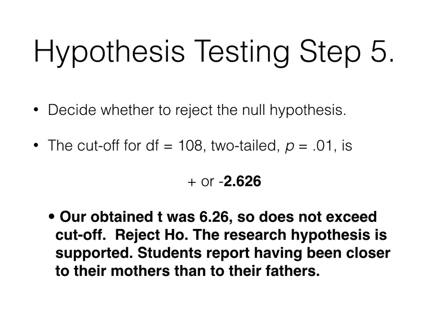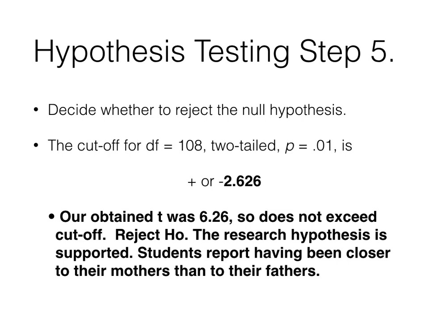The research hypothesis is supported: students report having been closer to their mothers than to their fathers. That is a significant difference, in that people are saying they feel closer to their mothers than they do to their fathers. So again, our obtained t was 6.26, so despite what I have typed on the slide, it does exceed the cutoff and we reject H0.